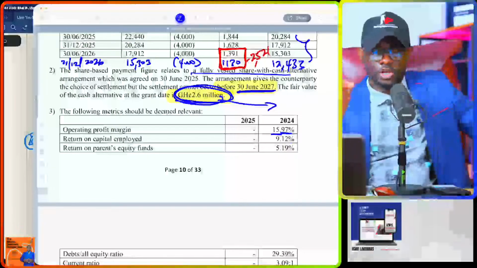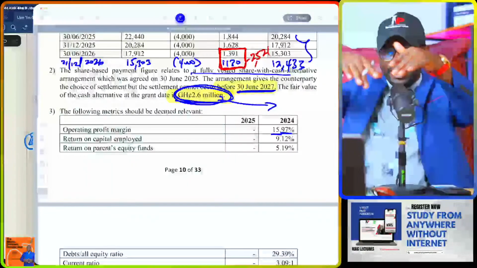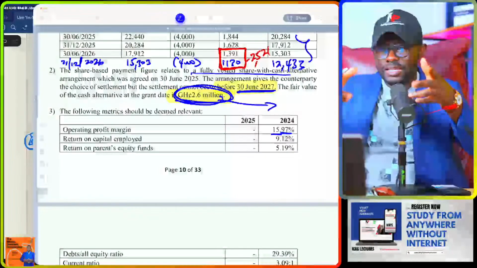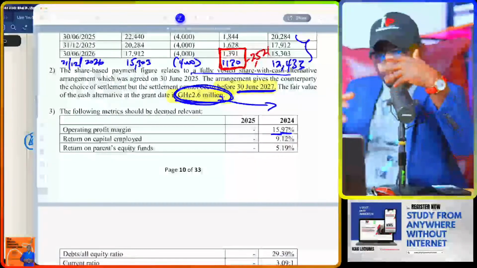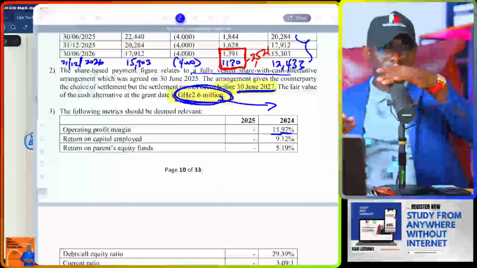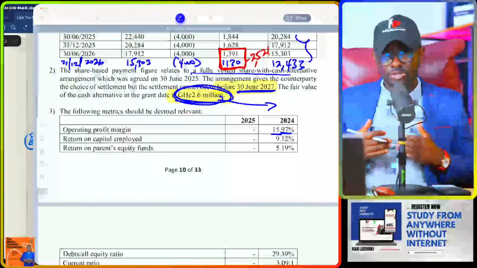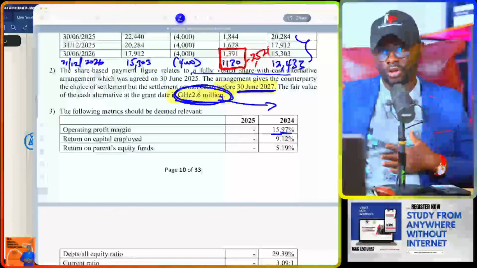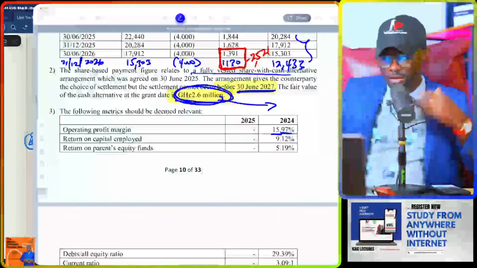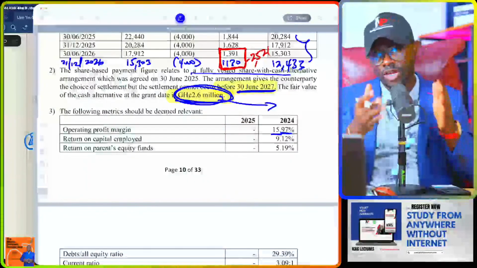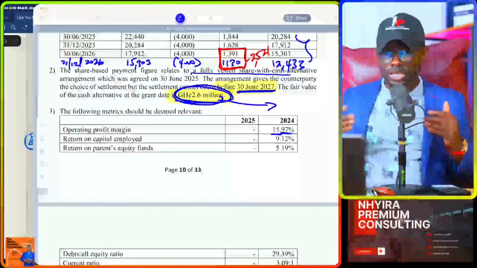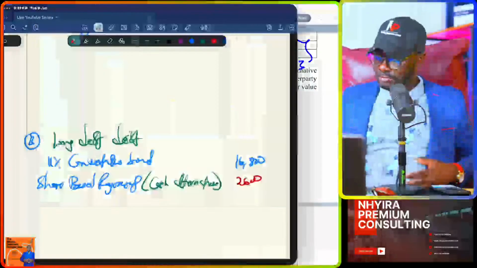So really, we were not going to be seeing interest on this liability, but we are going to be having fair value measurement, and the fair value measurement could result in a fair value gain, meaning the liability has reduced, or fair value loss, meaning the liability has increased, based on the value per share of the company at the respective reporting date on subsequent measurement.